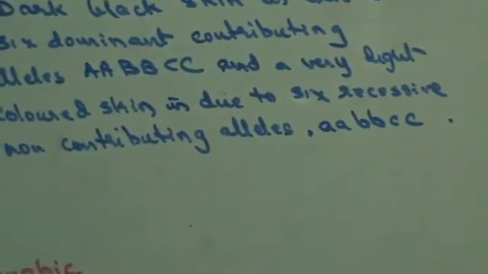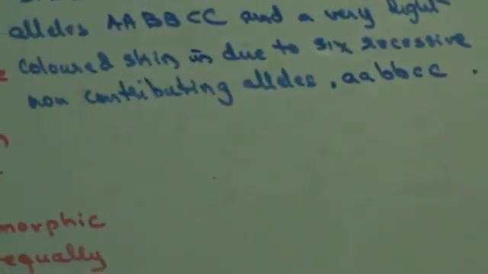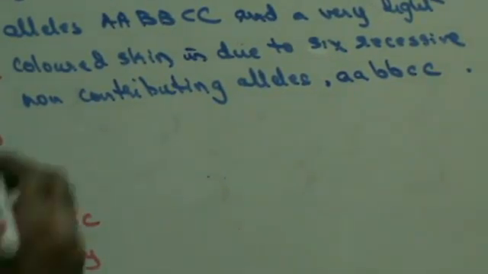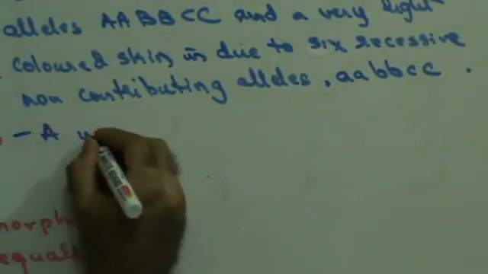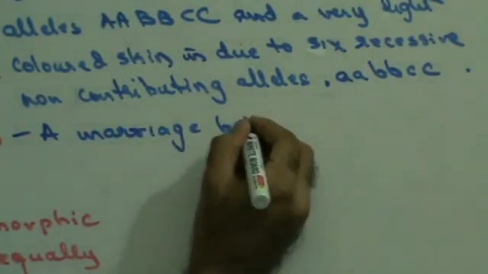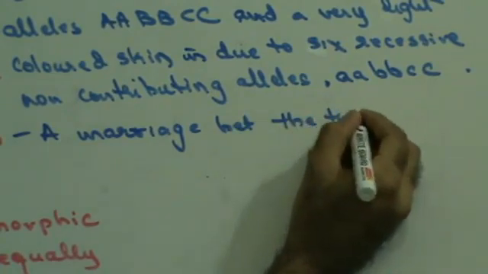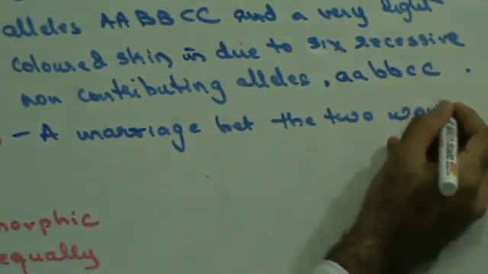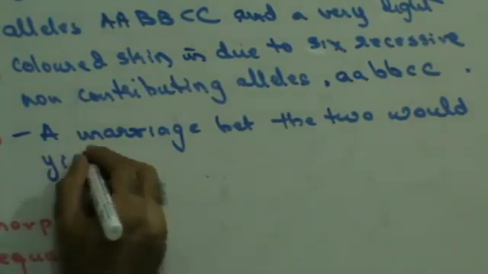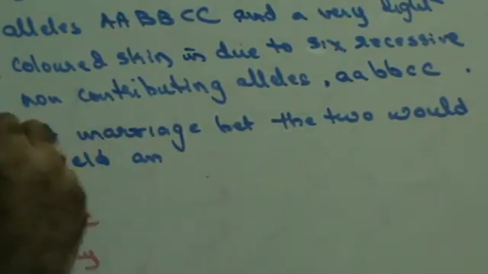Right? Now, a marriage between the two would yield an intermediate. Suppose I have a marriage between a dark skin colored person and an extremely light colored skin person. A marriage between the two would yield an intermediate.